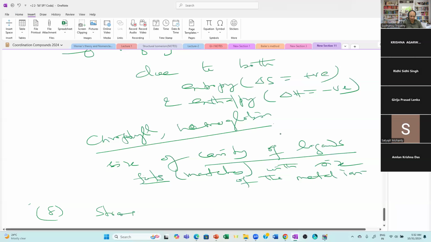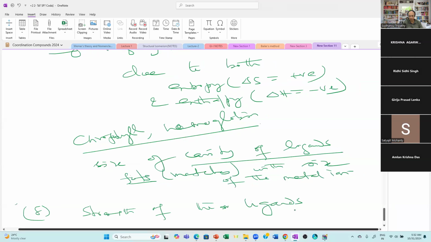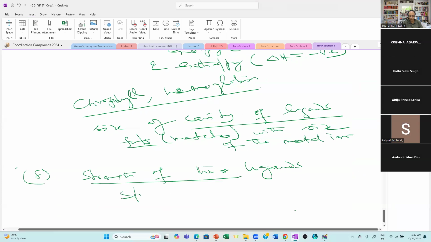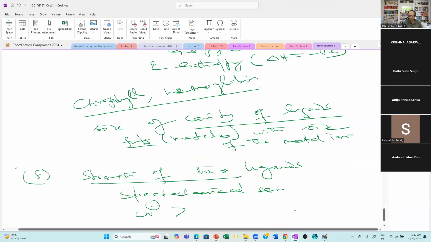Strength of the ligands, the spectrochemical series. For example, CN minus is a stronger ligand than ammonia. Ammonia is stronger ligand than water, stronger ligand than, say, chloride.